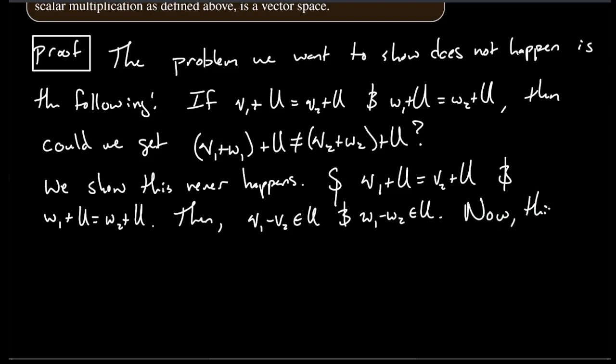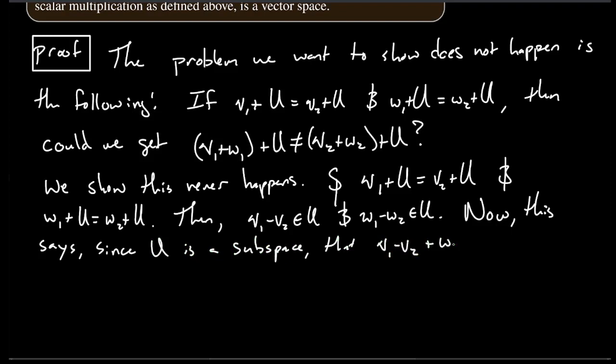Now, since u is a subspace, this says that (v1 minus v2) plus (w1 minus w2), I'm putting parentheses just to make it clear, is also in u. That is, I'm just adding together two things in u.